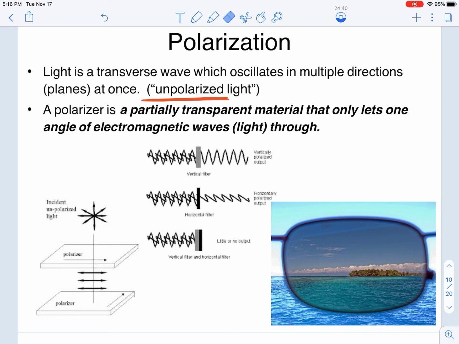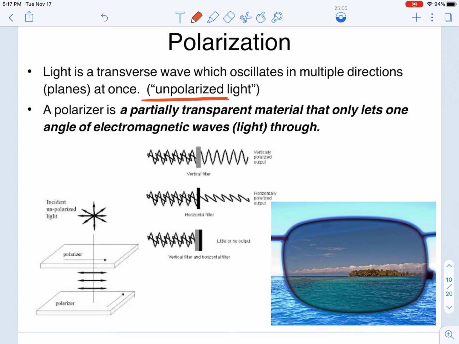But when we take that light and we polarize it, we are filtering out the light so that we are eliminating all except for only one plane or one axis. So although light is naturally unpolarized, oscillating in multiple planes at once, this polarizing filter has the ability to block all of the axes except for just one.